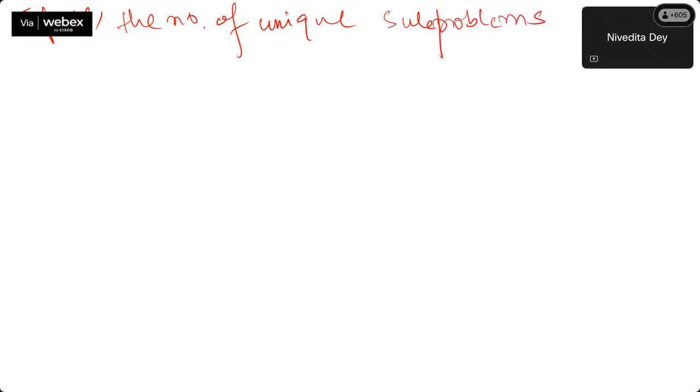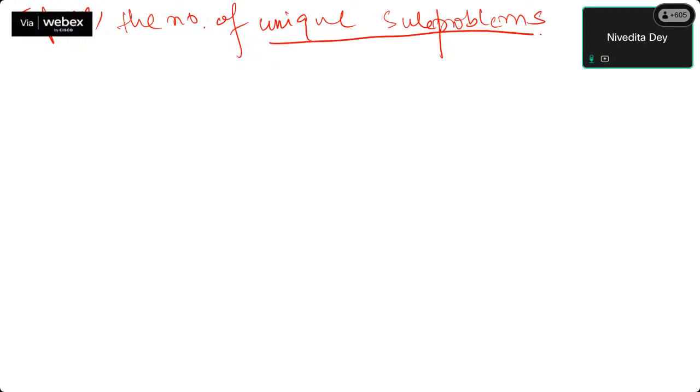So the condition is, try to prove the number of unique subproblems.